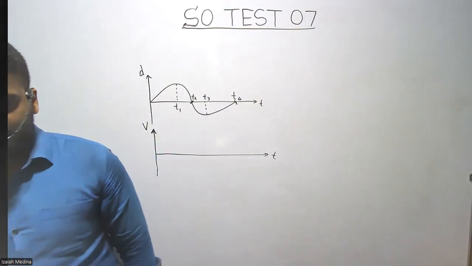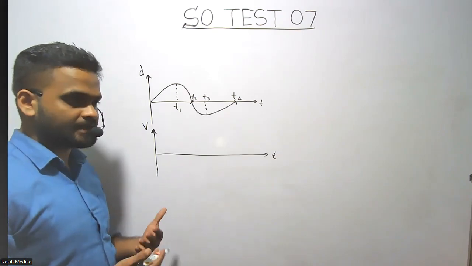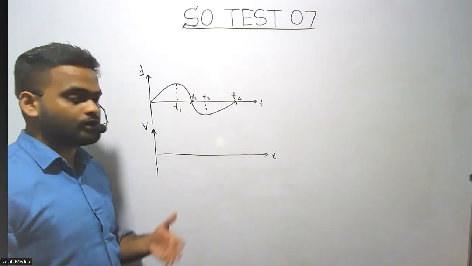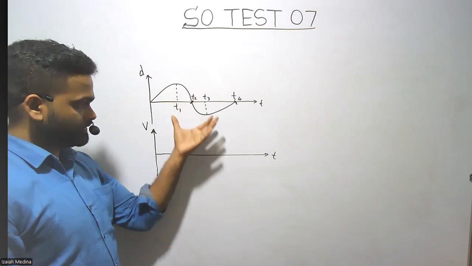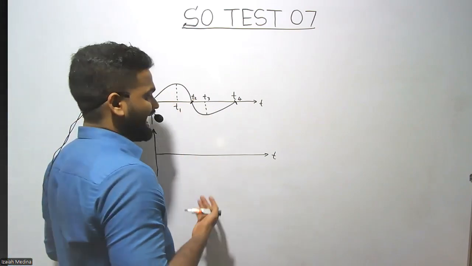Before converting this into a VT graph, you have to understand this. What is the relationship between displacement and velocity? So we are going to convert this into a velocity graph.